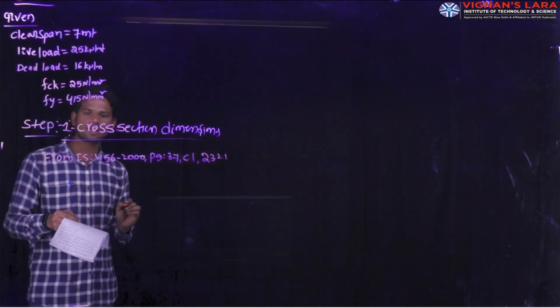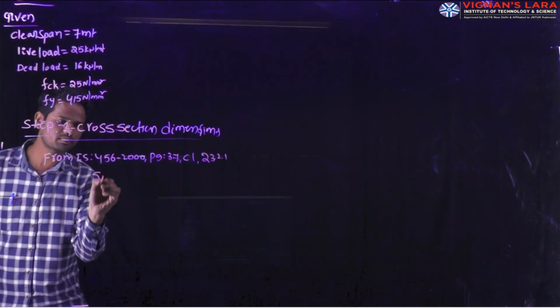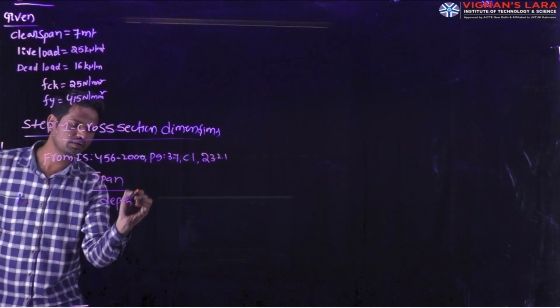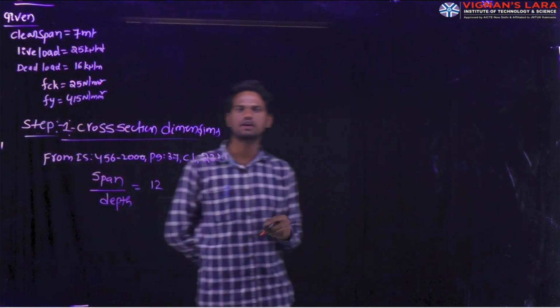From this clause we have to calculate the span to depth ratio. That means the span to depth ratio for a simply supported beam. For this condition I am taking the span to depth ratio as 12.